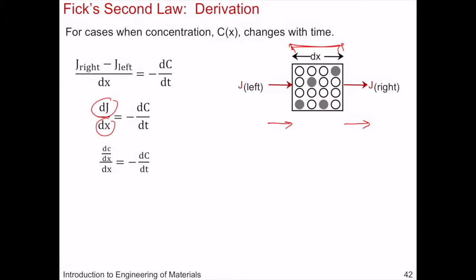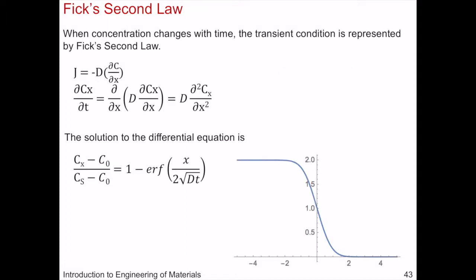And so we can get the second derivative with respect to x for the concentration gradient by writing out J as dC/dx, and then dx is just dx. So that's where we get the second derivative from.